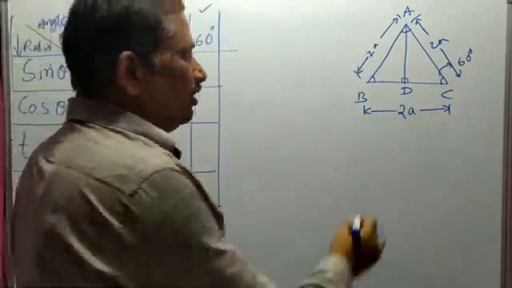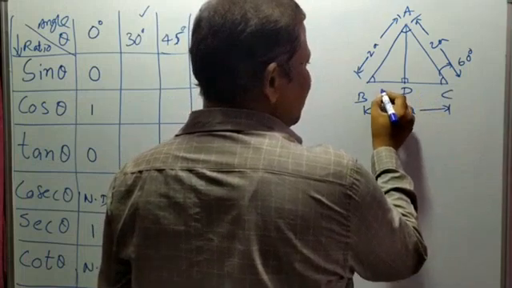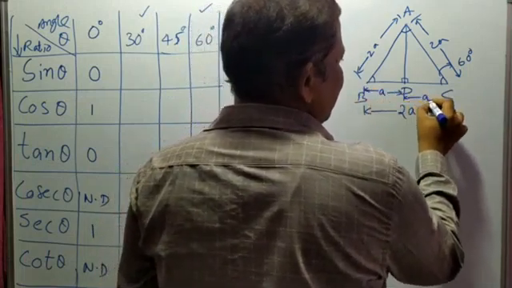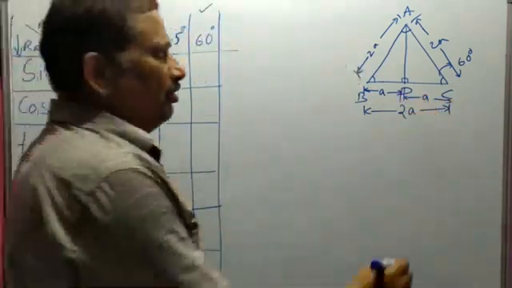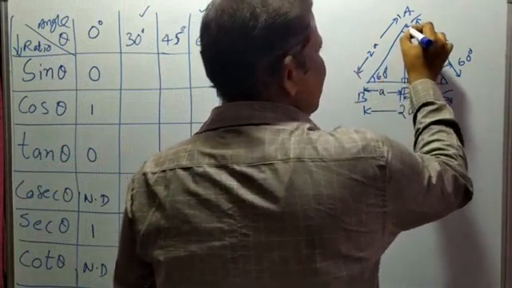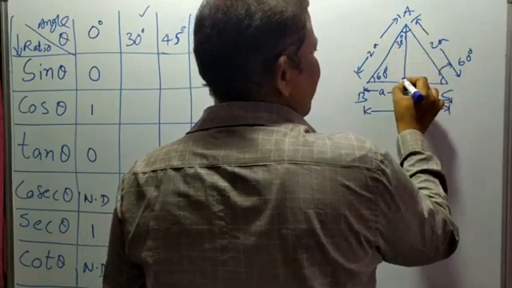Now what is the length of BD? It is half of BC. That means 2a by 2, which is a. Length of BD is a. Now in this triangle this angle is 60 degrees, and the perpendicular bisects here, giving 30 degrees. This angle is 90.